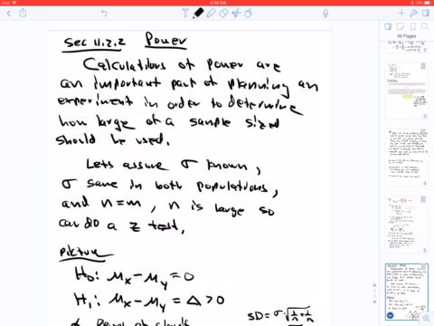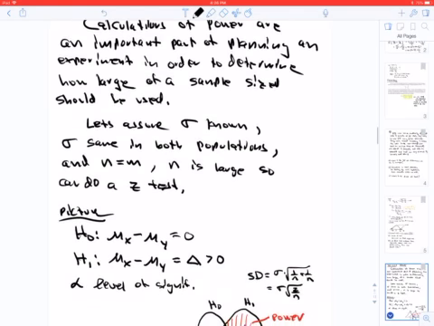Then we moved on to power. It's important when you're designing an experiment to have a large enough sample size so that you'll be able to reject the null if there is a statistically significant difference.